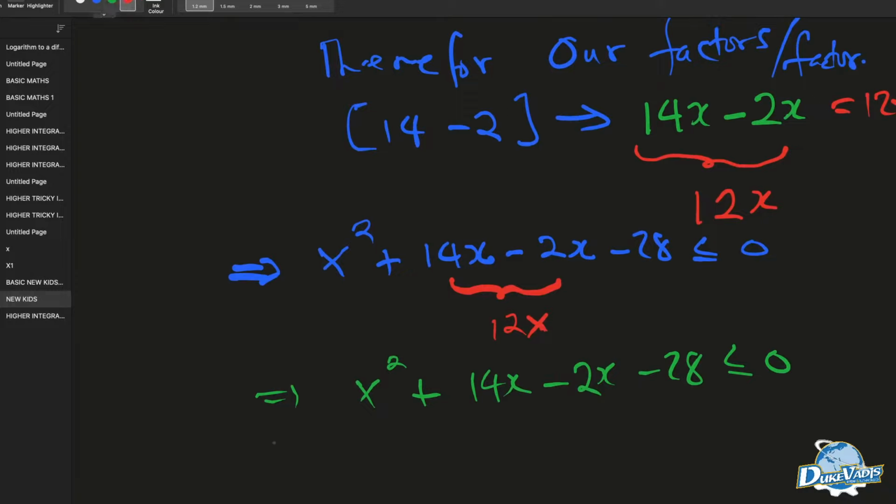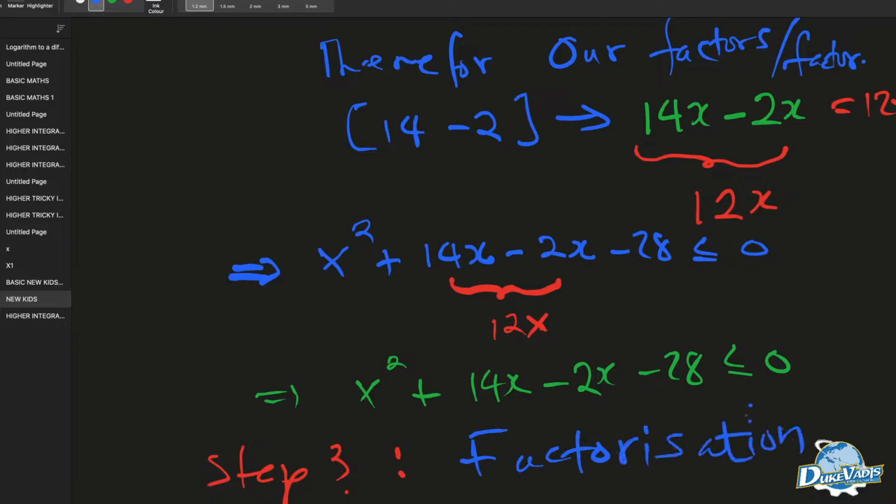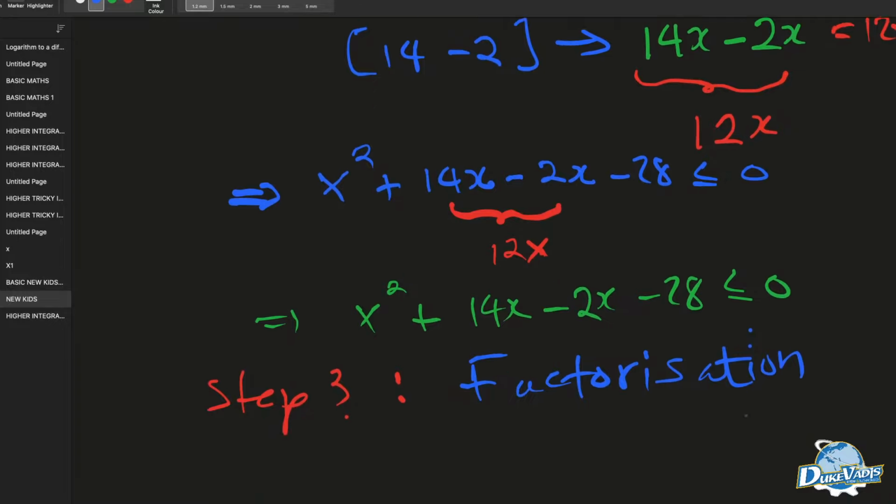So step 3 is factorization. I'm very sure everyone here has done or knows something about factorization. How do we factorize it? We group the like terms together so that it looks similar. After that, it helps us to solve our question. So let's go with it.